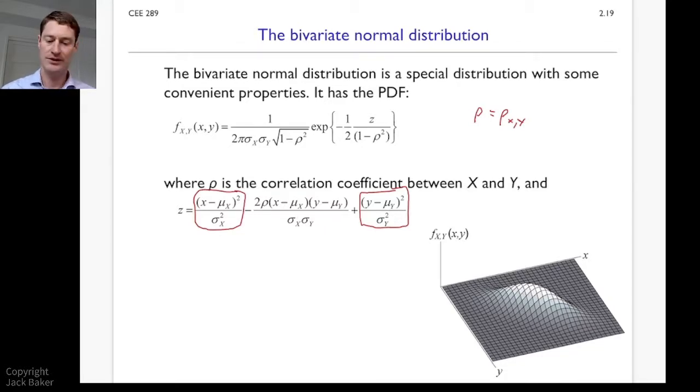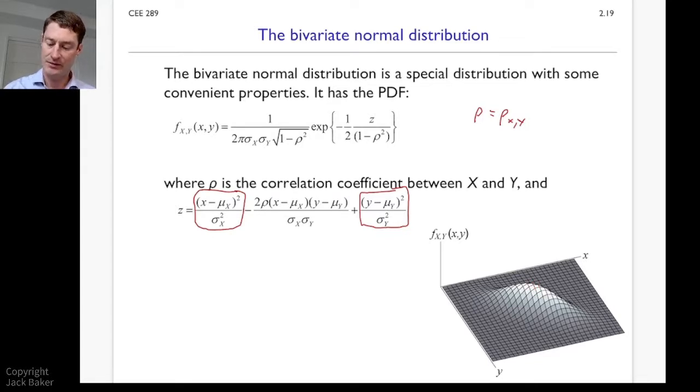Okay, so what's going on here is we've still got a very similar functional form, but now it's in 3D. So I've got x and y varying, and I've got this mountain of probability associated with this joint probability density function. And what happens is when x is equal to its mean and y is equal to its mean, then all these numerators in the z go to 0, and I have e to the minus 0, and I have the highest value on this three-dimensional mountain.